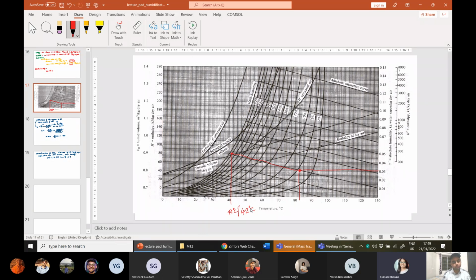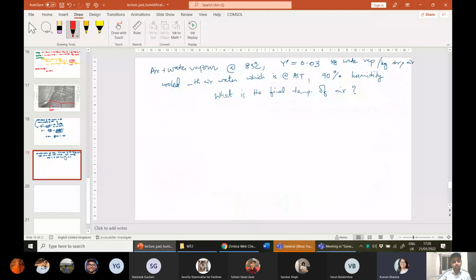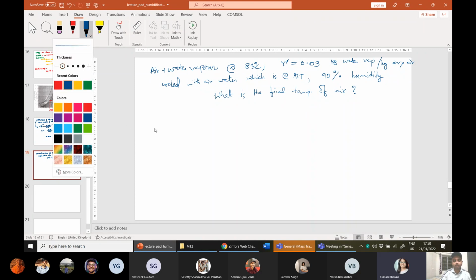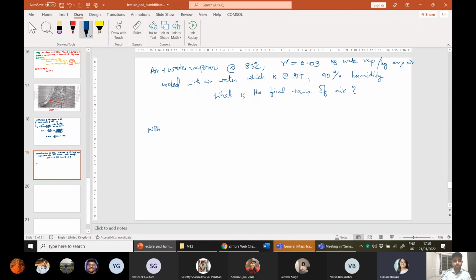Okay. Let us try one more question. This is a slightly different one, where the wet bulb temperature and the dry bulb temperature of the air are mentioned.